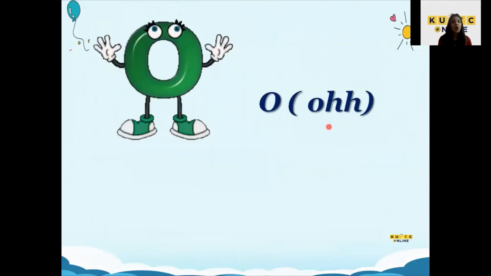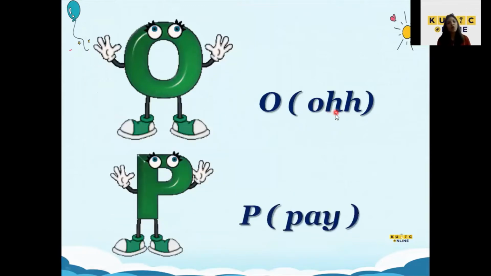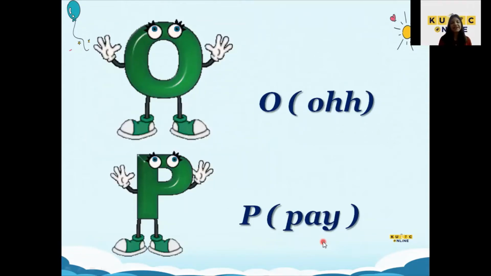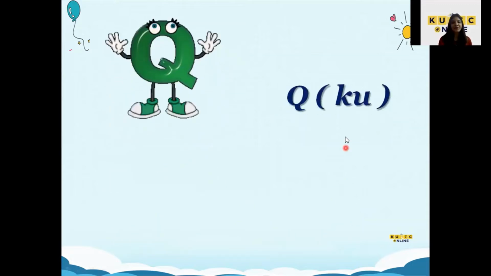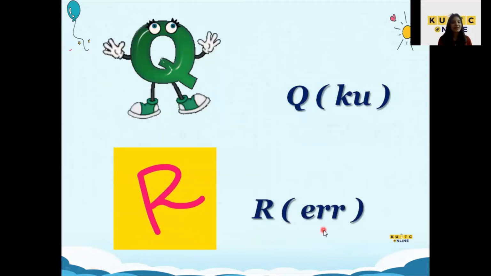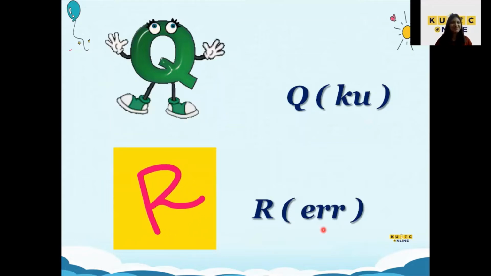The next letter, O. In German, we say O. The next letter, P. In German, we say P. Good. The next letter, Q. R. Do you remember the letter P in German?